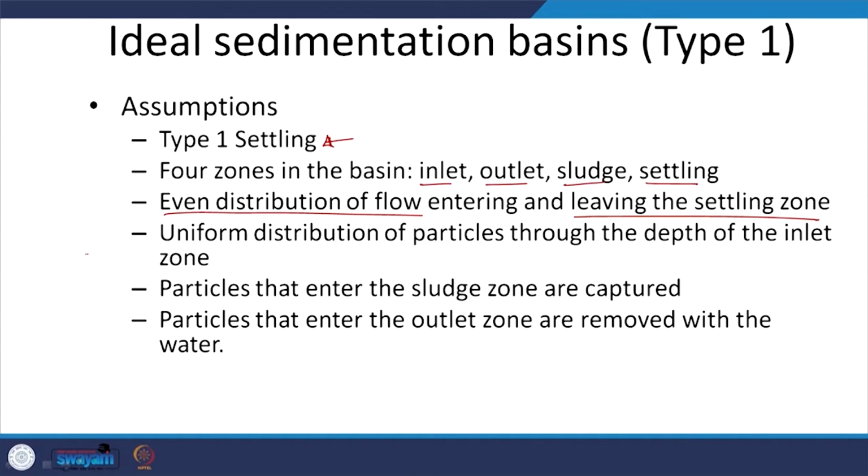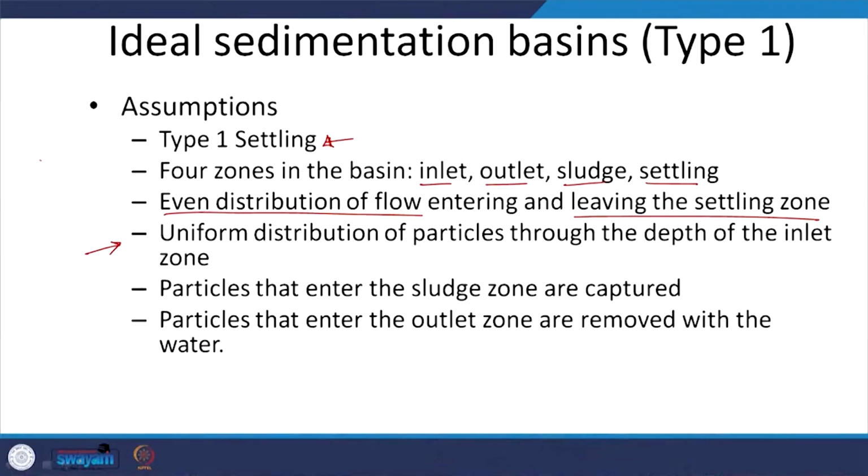But one aspect which we will look at later is that we assume that the particles are uniformly distributed throughout the depth of the tank. Let us say this is my tank and here is my flow rate, and this is my settling zone. All these particles which are bunched together at the inlet are going to be uniformly distributed across the depth of the settling zone.